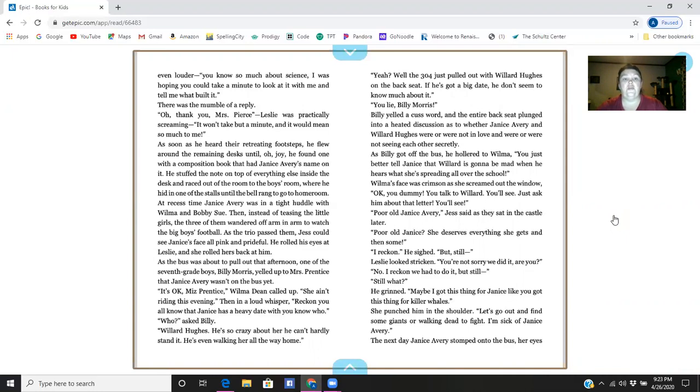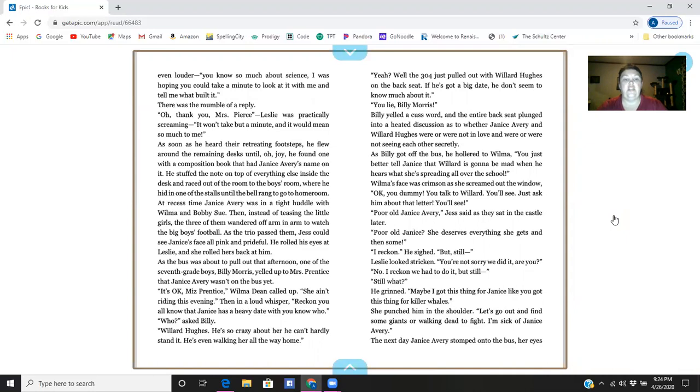As soon as he heard their retreating footsteps, he flew around the remaining desks until, oh joy, he found one with a composition book that had Janice Avery's name on it. He stuffed the note on top of everything else inside the desk and raced out of the room to the boys' room, where he hid in one of the stalls until the bell rang to go to homeroom.